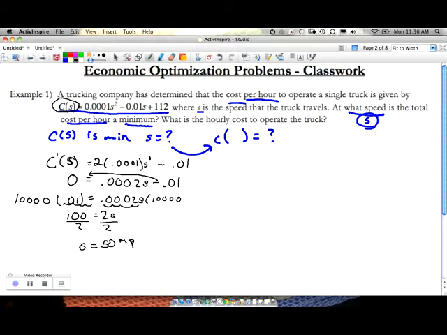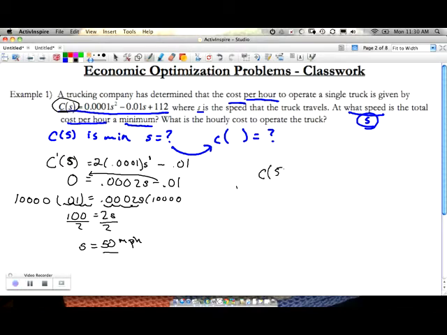So at what speed? It's 50 miles per hour. Are we talking about miles per hour? No, it actually doesn't say it, but it's just the speed. Let's go ahead and say 50 units per hour, whatever that means. 50 kilometers, 50 miles. So now I've got to plug that 50 into the first function.